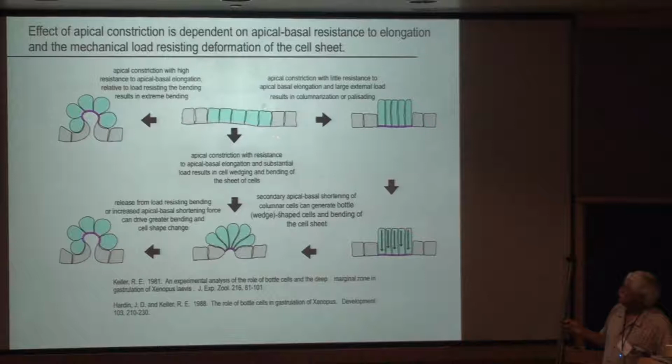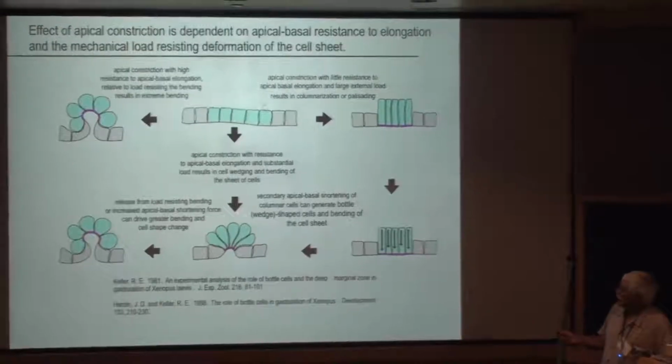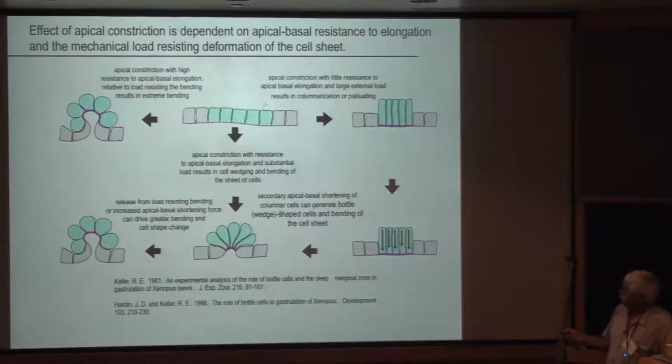If you get this apical constriction when there's a lot of resistance to apical basal elongation, the apical constriction and the wedging occur simultaneously. But in other cases, you'll get the apical constriction and the palisading, and then they draw their bases toward their apices here, and bend as all the cytoplasm is wedged into a small space. And so this happens in the neural plate, in the ascidian, and in the fly.